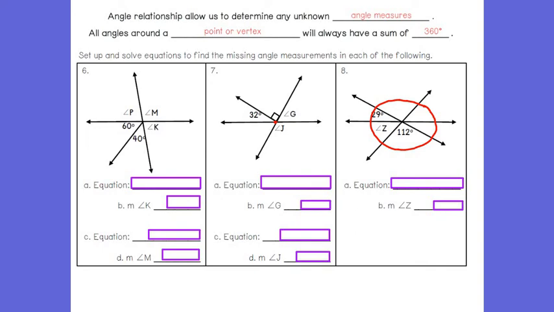No. I know M and K are also supplementary, but do I know what either of those are? No. But I do notice across from M and K, there is another line formed using 40, 60, and P. So all three of those should add up to what? 180. So I know 40 plus 60 plus P should equal 180.